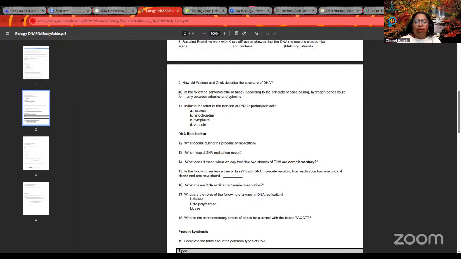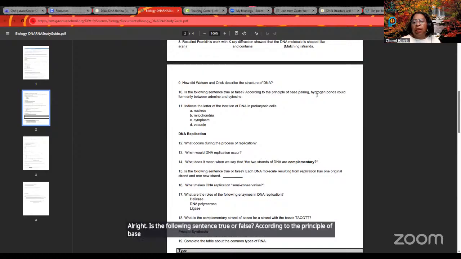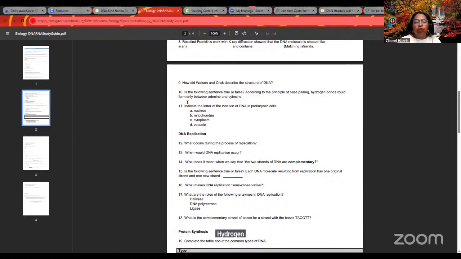All right. Is the following sentence true or false? According to the principle of base pairing, hydrogen bonds would form only between adenine and cytosine. That is not true. Hydrogen bonds will form between all bases. Okay, and here again, it says only between.